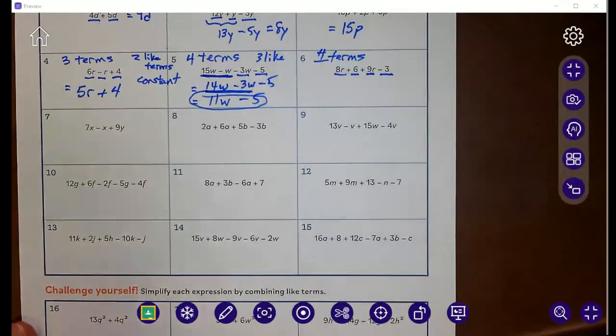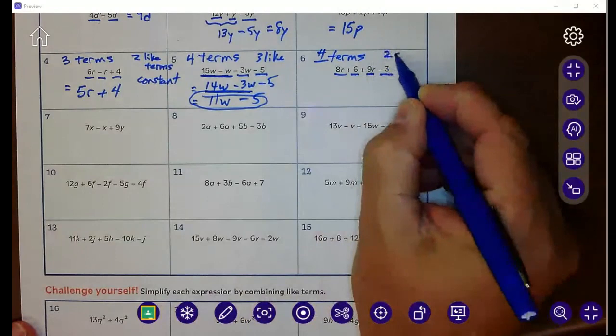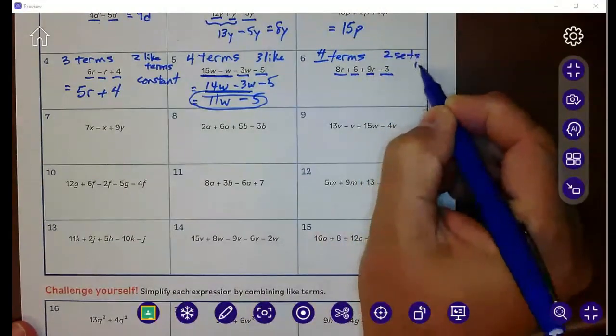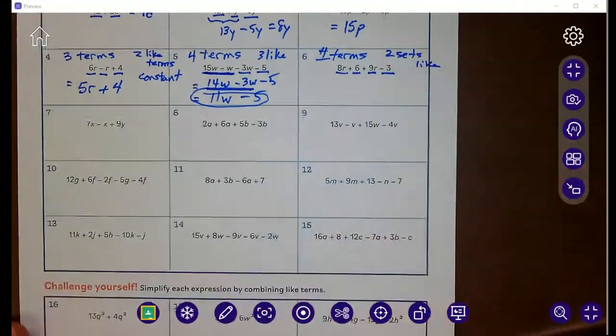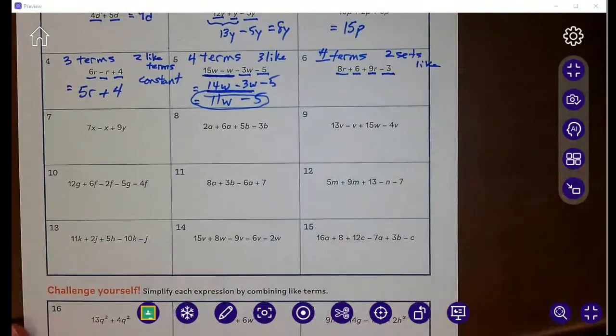But there are only 2 sets of like terms. Miss Carter, what is one of the sets of like terms, Miss Carter? One of the sets.